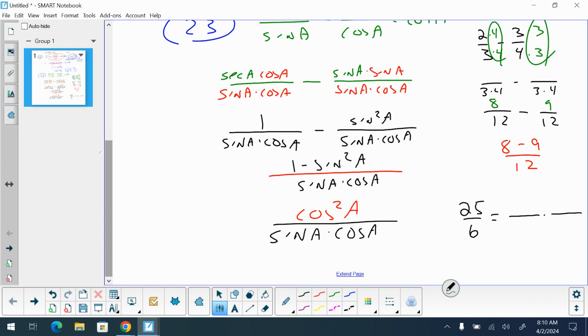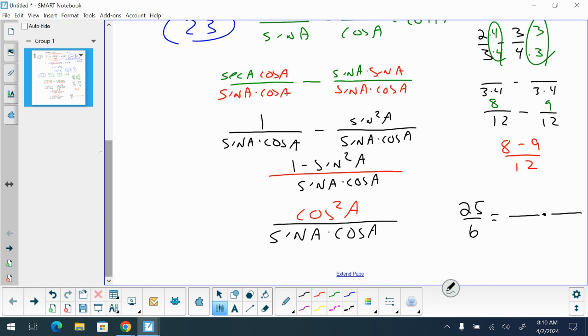Now, once again, I'm going to tap into your math skills from 5th and 6th grade. You have the fraction 25 over 6. I want you to rewrite 25 over 6 as 2 fractions being multiplied together.